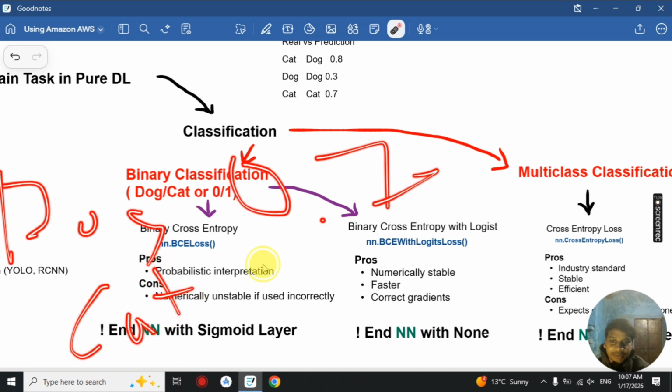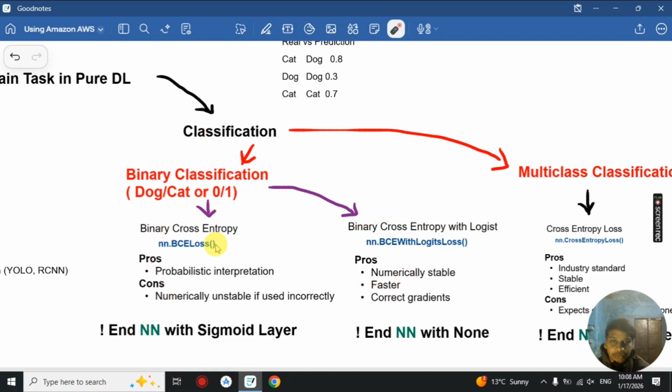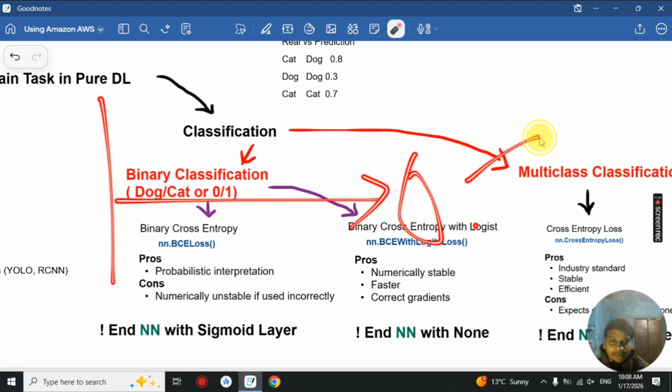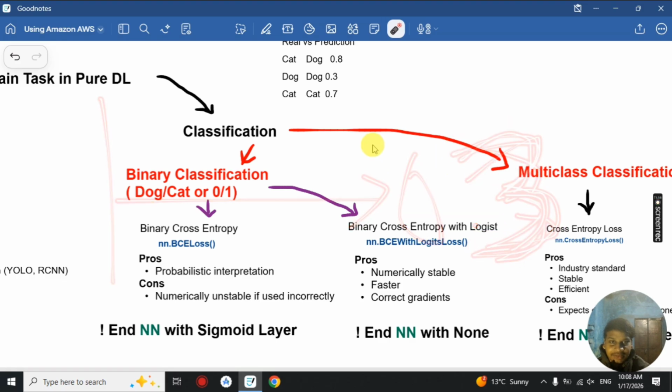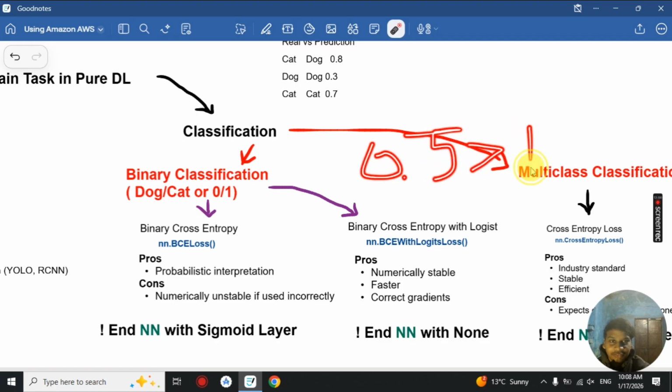So the output will become like 0.3. We then choose a threshold for our binary class. If it is more than 0.5 we get dog, and if it is less than 0.5 we get cat.